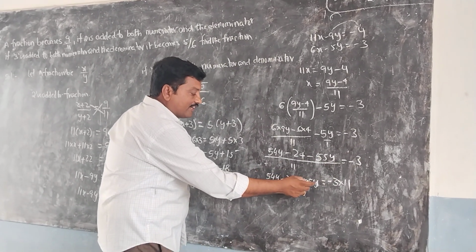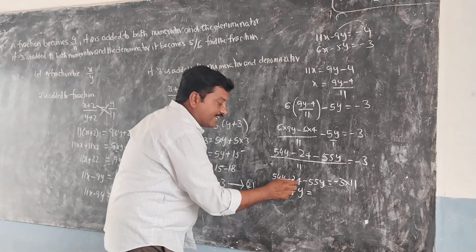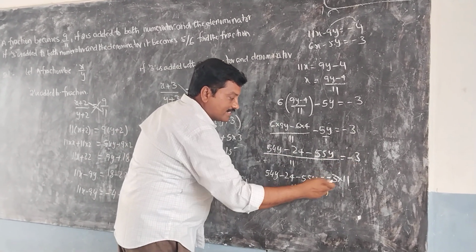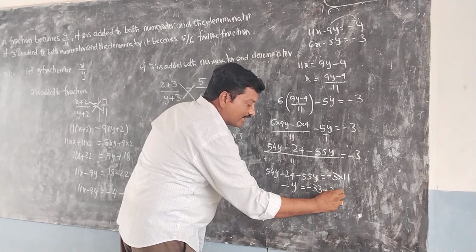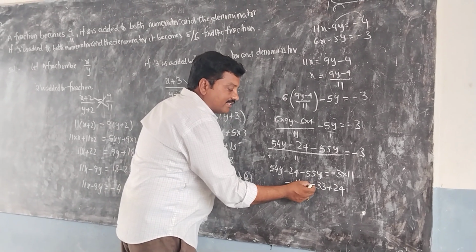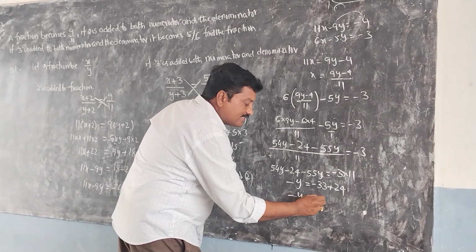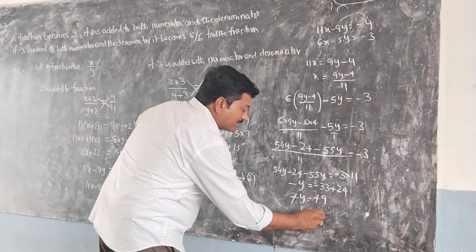So minus 55y plus 54y is minus y. Minus 24 transposed to the right hand side: minus 3 11s are 33, minus 33 plus 24 is minus 9. So minus y equals minus 9, the minus cancels. Y is 9.